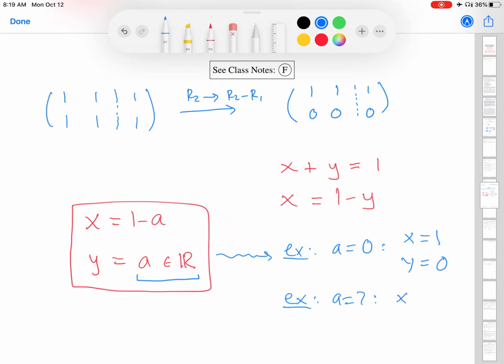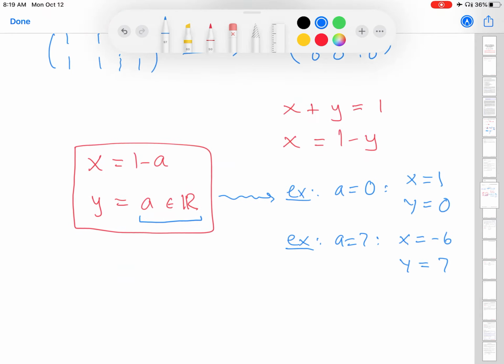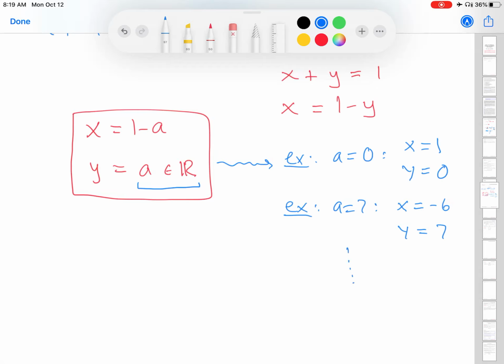So x equals 1 minus 7, so that's negative 6. And then y equals a, so that's 7. So you can see in this process how you can generate the infinite number of solutions, because you can pick whatever real number you want, and that will be the y value. And then the x value is 1 minus that real number. So that generates the infinite number of solutions.